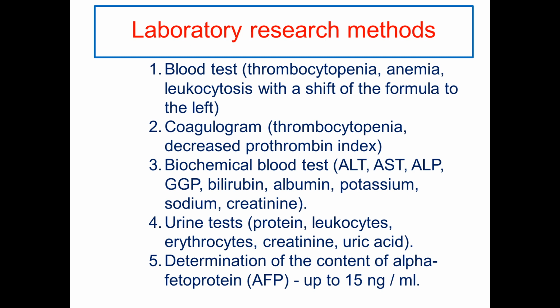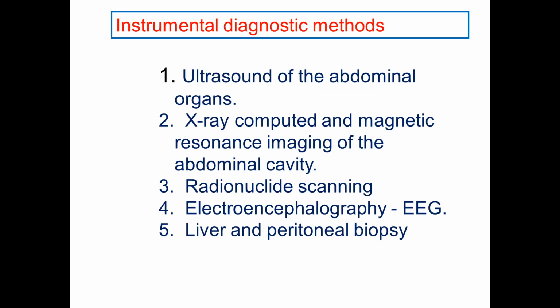Creatinine, if you suspect developing hepatorenal syndrome, as a result of damage to the liver may develop chronic kidney failure. Urine test, of course, in case of involvement of kidney, where we can find protein, leukocytes, erythrocytes, etc. And determination of content of alpha-fetoprotein to detect the cause of liver failure.